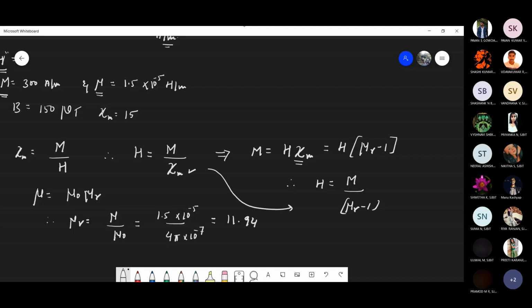That is, magnetization 300 over mu r, 11.94 minus 1, which is 10.94, which is equal to 27.42 ampere per meter.